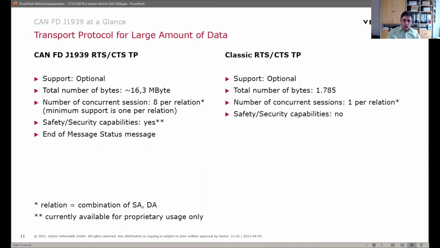And then the other thing is dealing with the RTS-CTS transport protocol. There we have also improvements. It supports a larger amount of data, and it supports up to 8 sessions in parallel. It also has the same built-in safety security features like the BAM transport protocol.